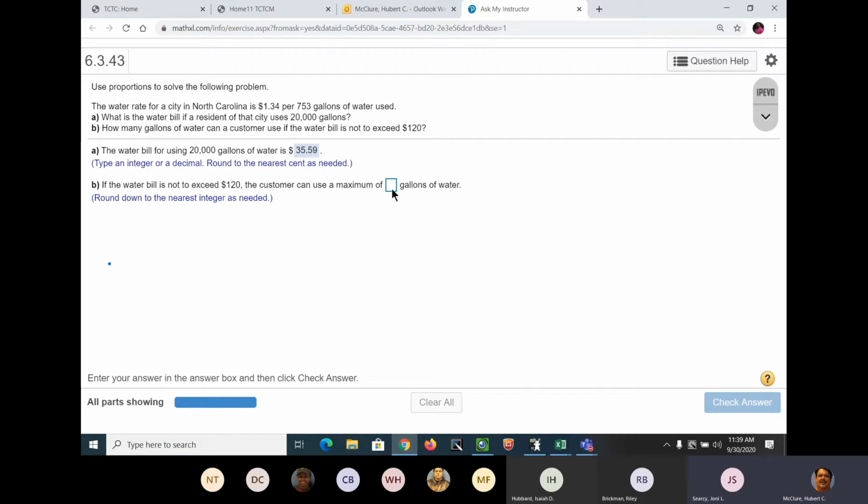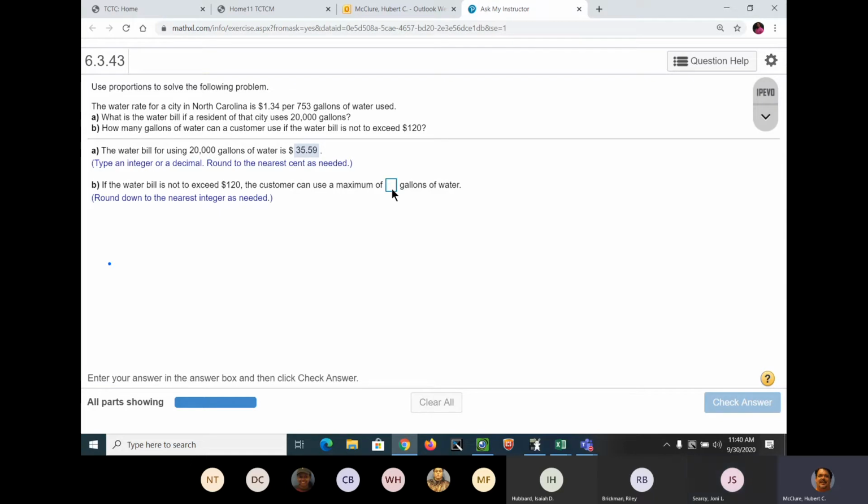Okay, so $1.34 per 753 gallons is equal to the total.